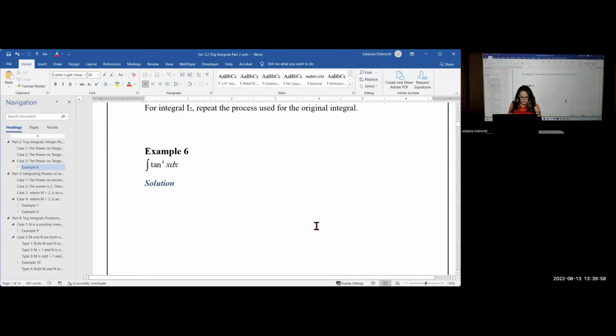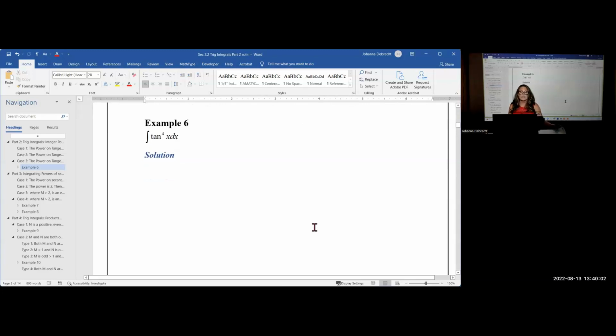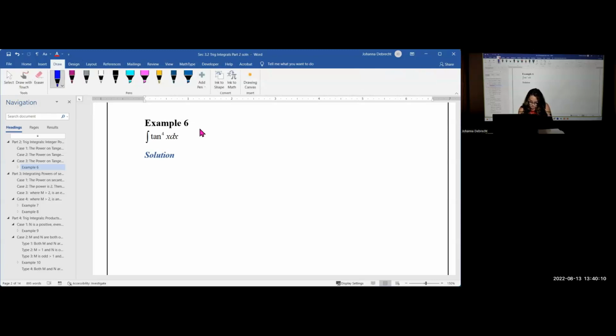Let's take a look now at example 6, which is the integral of tangent to the 4th of x dx. We want to take a look at how this one integrates. So remember, with tangent, we're going to pull off 2 powers. So this is going to be rewritten as the integral of tangent squared of x, I'll leave the dx to the end, times tangent squared of x with a differential at the end.